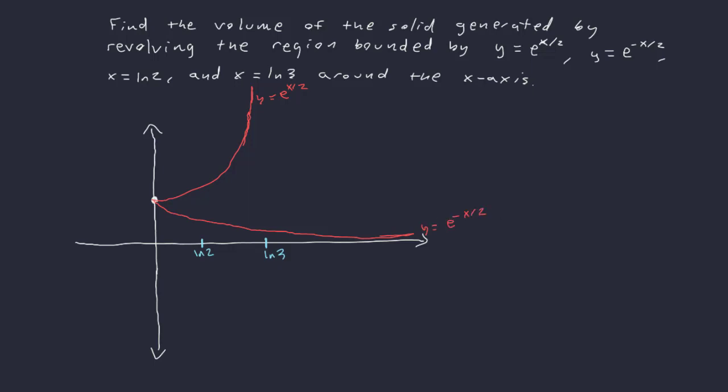And remember, the curves x equals some constant are vertical lines. Let me adjust this a bit so I actually get an intersection here. There we go.